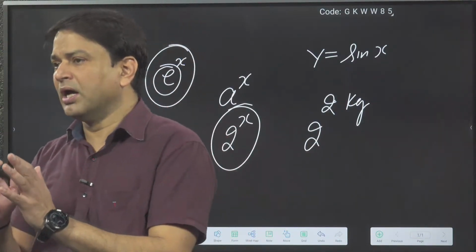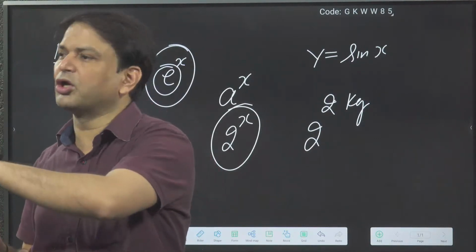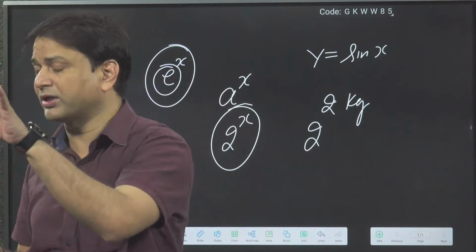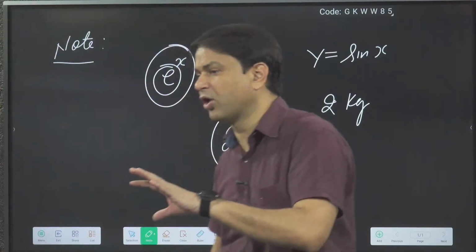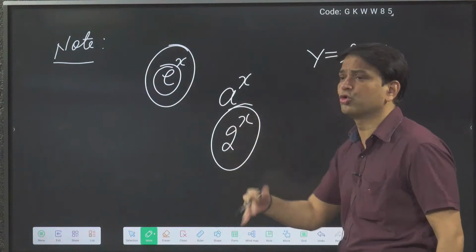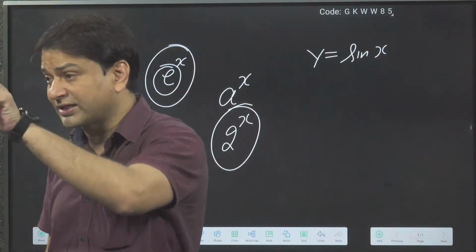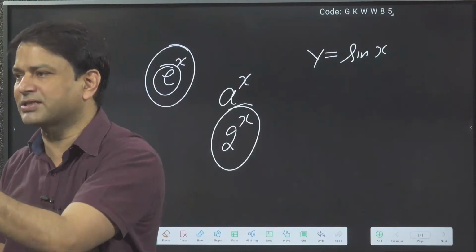So it means that when we are writing an exponential function, the power will not have any dimension. Did everybody get this? Here, in 2 to the power x, or any constant to the power x, x must be dimensionless, meaning the power must be dimensionless.